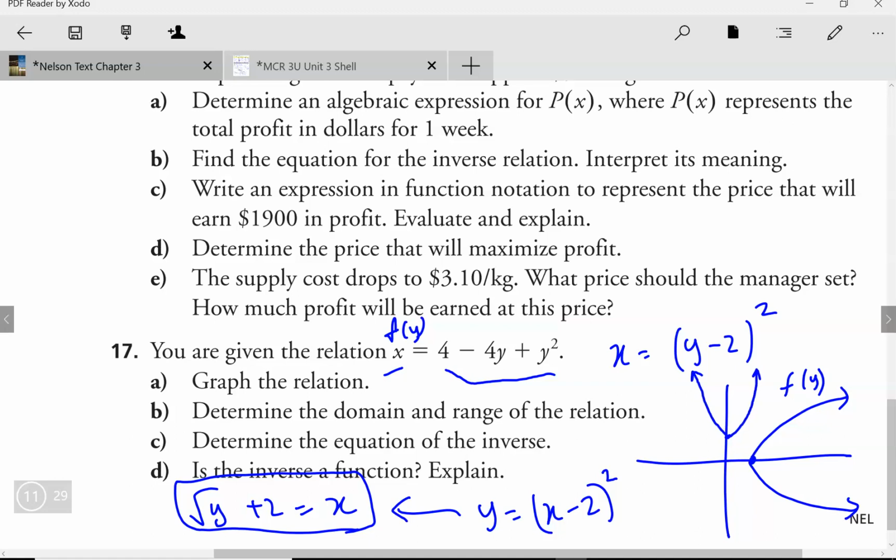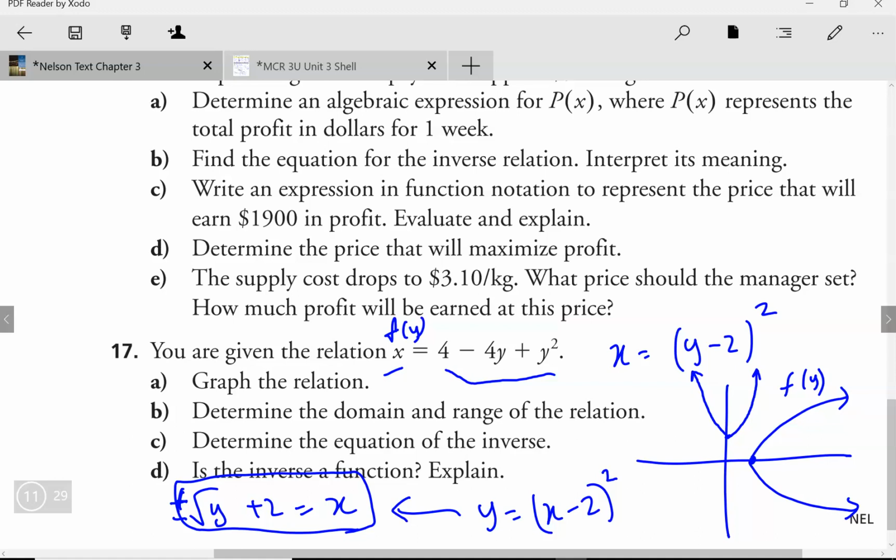I think it includes both values because if you look at x, there's two x values for one y value, which makes sense because I have a plus or minus here. So for every y value I take, there'll be two x values. So yeah, this inverse is not a function.